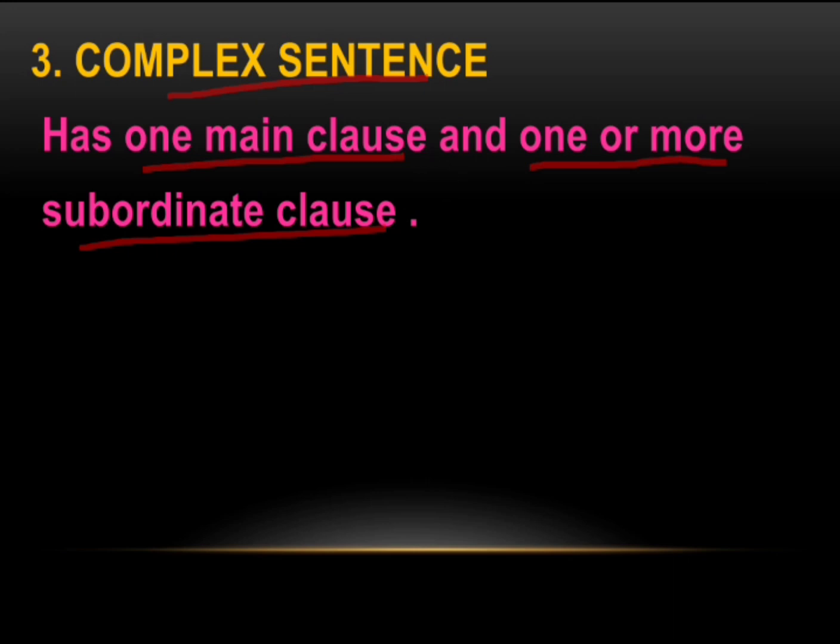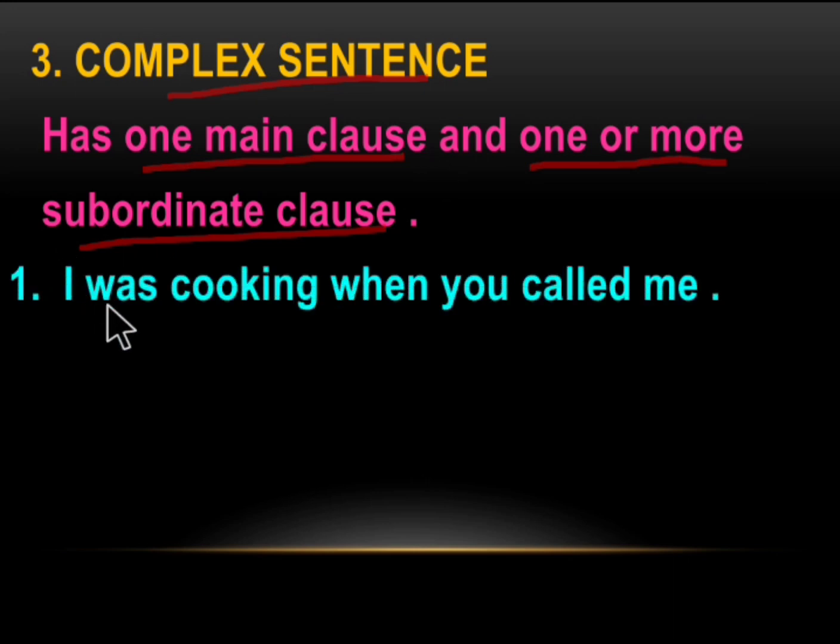Now let us see the examples. I was cooking when you called me. I was cooking is the main clause. When you called me, this is the subordinate clause. The conjunction here is when. The conjunction that joins the main clause and the subordinate clause is called the subordinating conjunction.